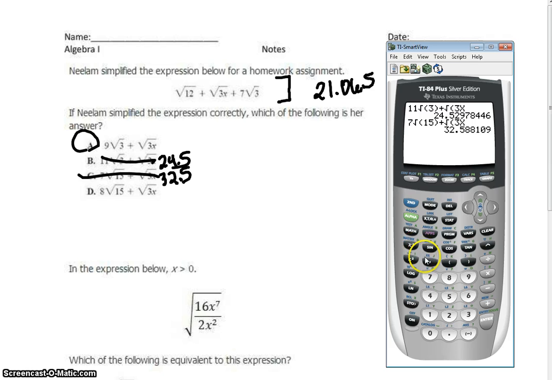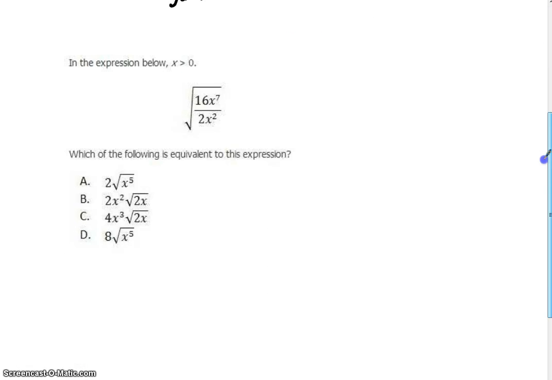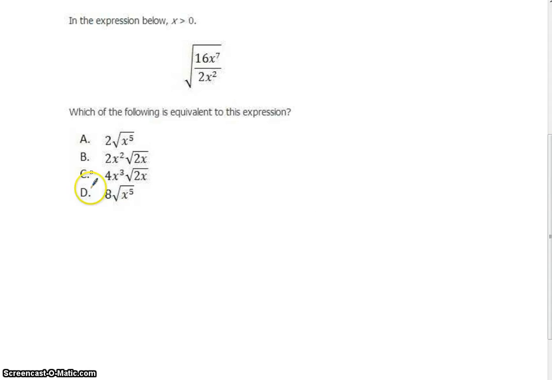And then we have 8 square root of 15, close parentheses, plus square root of 3x gives me 36.4. Okay, I know that you knew that the answer was A, but it never hurts to double check. So especially on test day, go all the way down and check all of your choices.